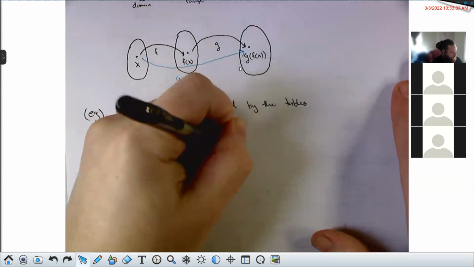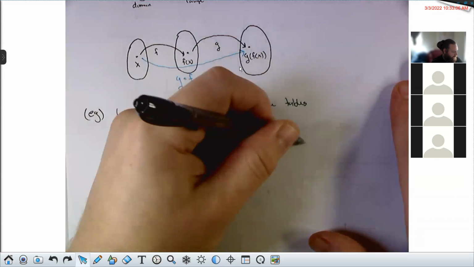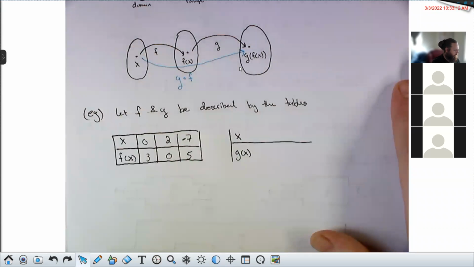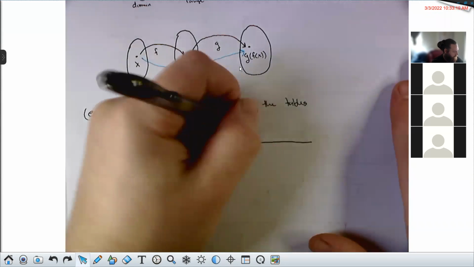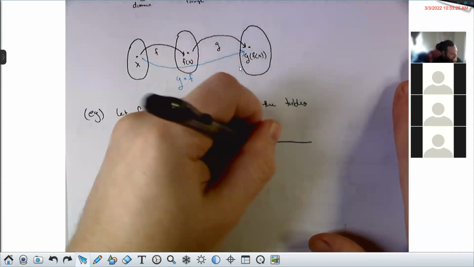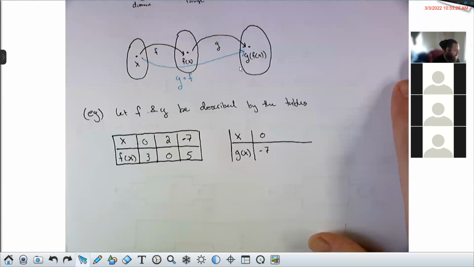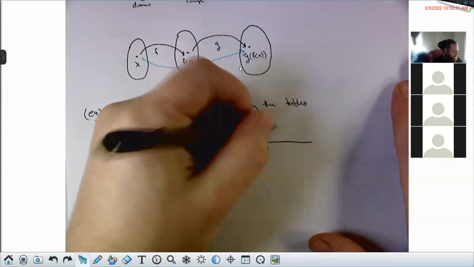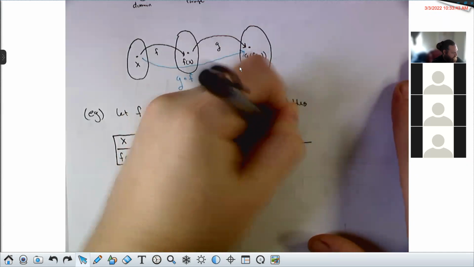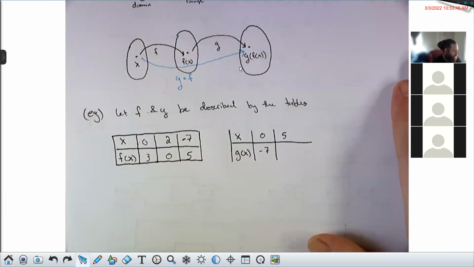And you will have X and G of X. And let's say G sends 0 to -7, sends 5 to 2.